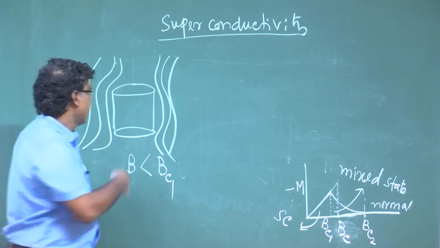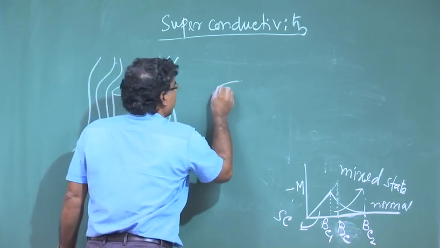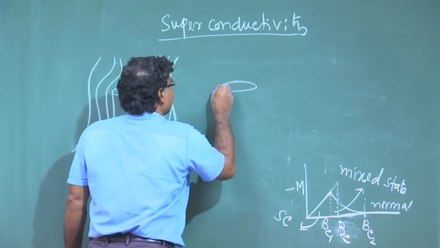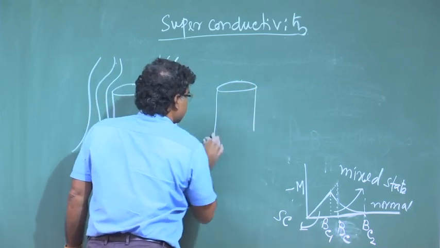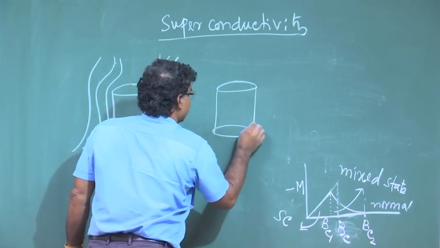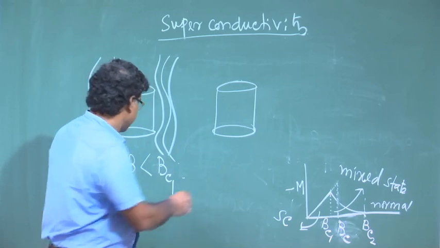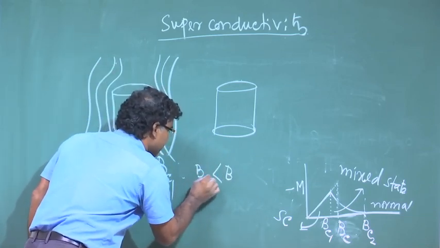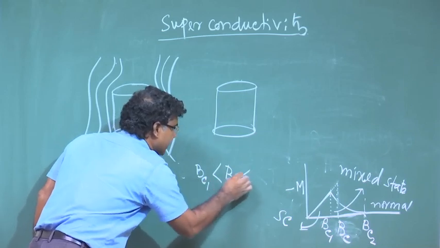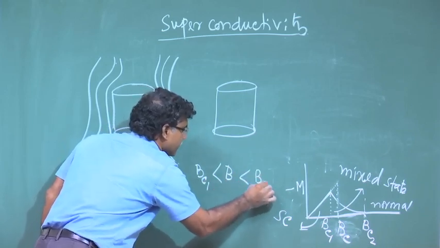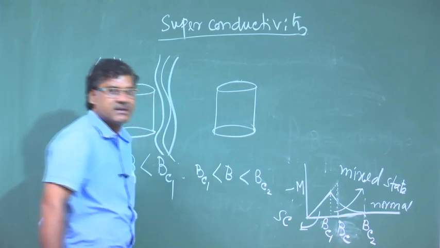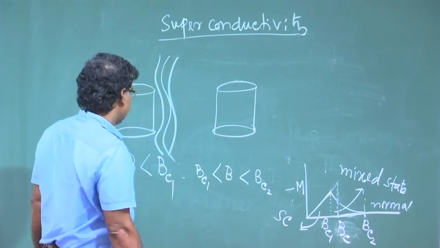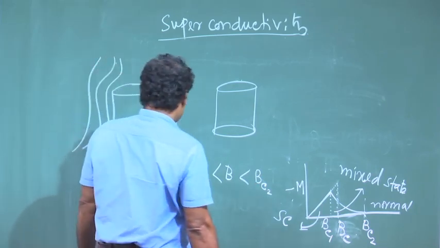Now, if your field B is greater than BC1 but less than BC2, then what will happen?